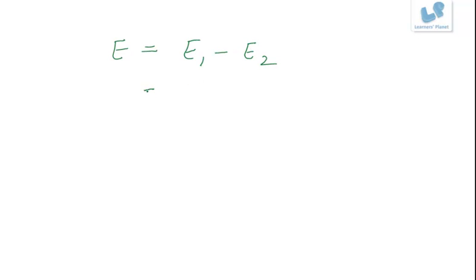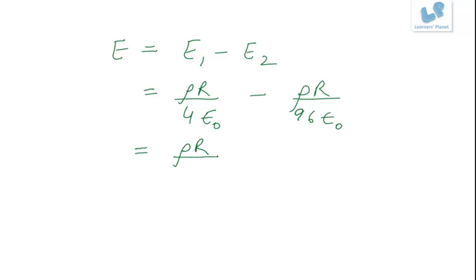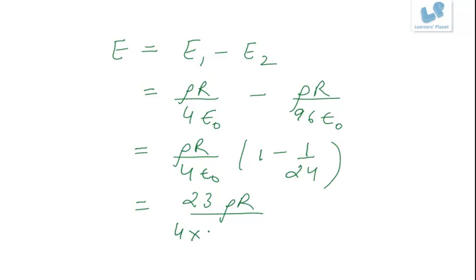So the net electric field at point P will be E equal to E1 minus E2, where E1 is rho r by 4 epsilon naught and E2 is rho r by 96 epsilon naught. We take rho r by 4 epsilon naught common, and we will have 1 minus 1 by 24, which is equal to 23 times rho r by 4 times 24 epsilon naught.